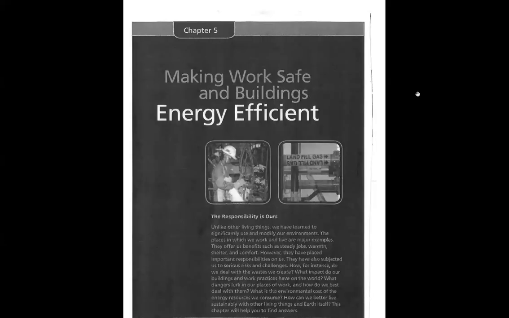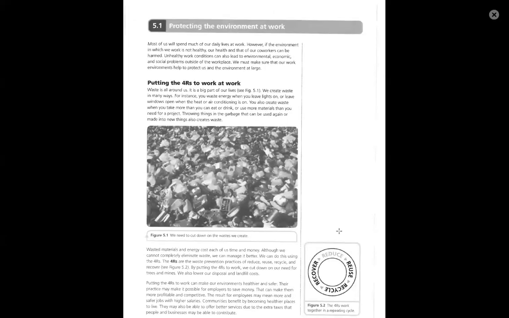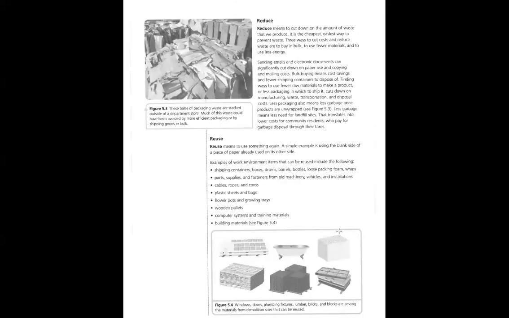Unit 4 started off with making buildings safe and energy efficient. We started with 5.1, which was lesson 16. And we looked at the 4 R's: reduce, reuse, recycle, recover. Okay, so that was big. The 4 R's, you should know what they are.